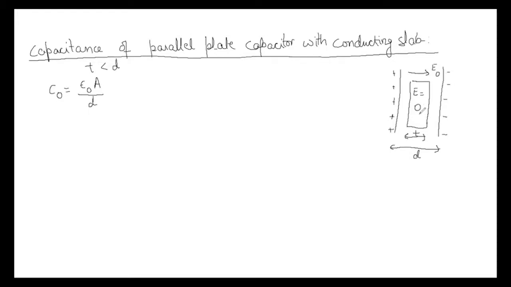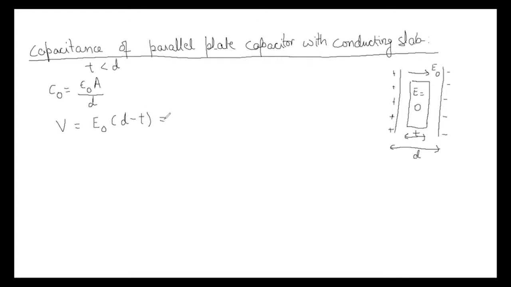We have already studied that when a conductor is placed in an external electric field, the electrons start moving in the opposite direction until the electric field created by them becomes equal to E naught. So the net electric field inside the conductor is zero. So now the potential is existing only for D minus T distance, and it is equal to the external electric field existing only for that distance.